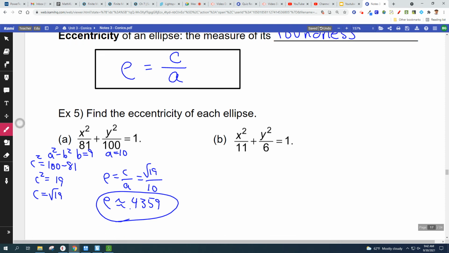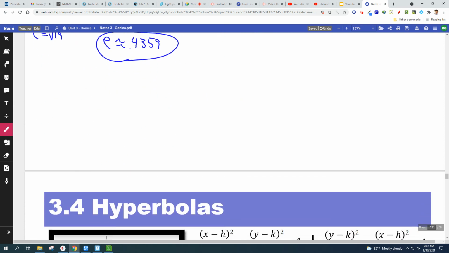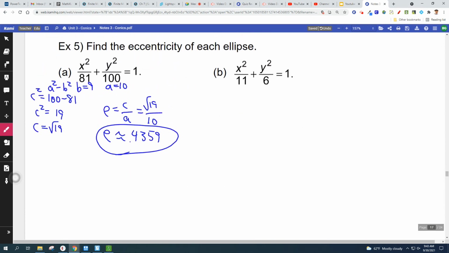So then part B, same thing. You can see that A is the square root of 11 and B is the square root of 6, but you have to find C. And so C squared equals A squared minus B squared. That's 11 minus 6 is 5. So C is going to be the square root of 5.